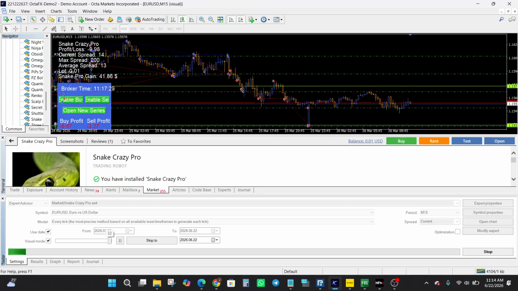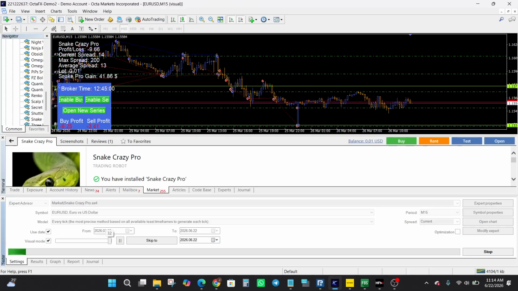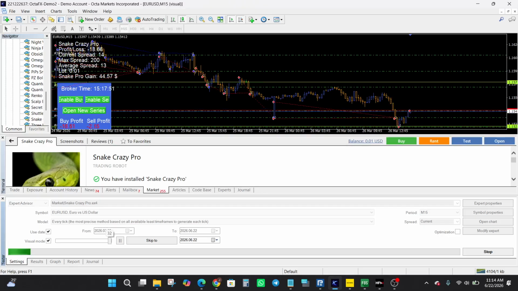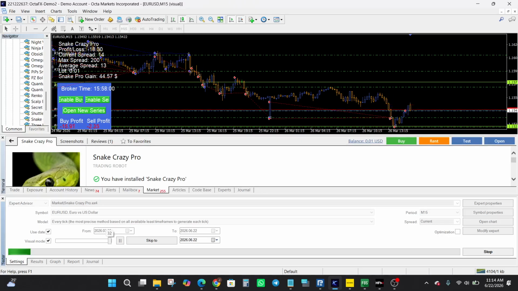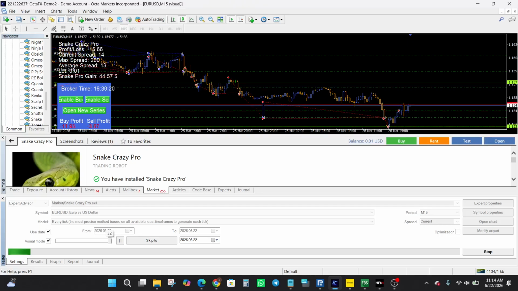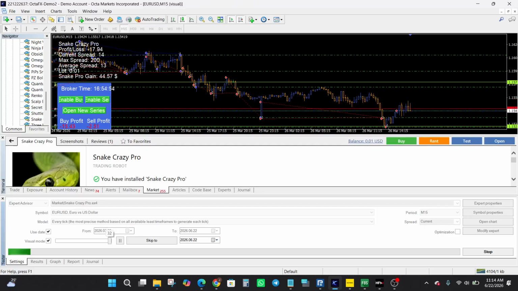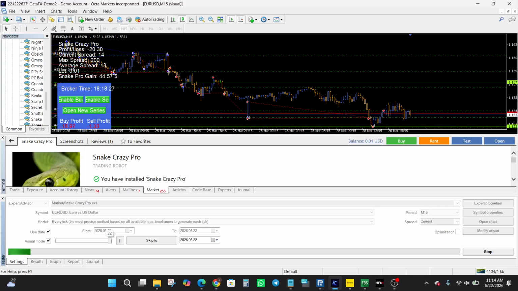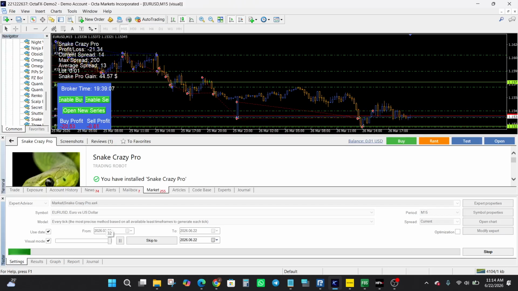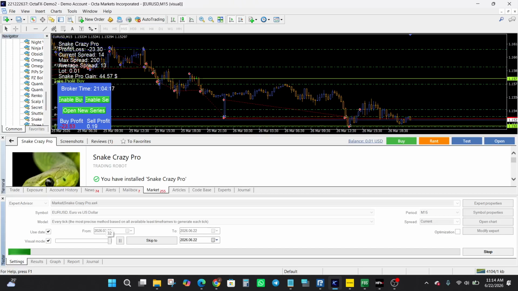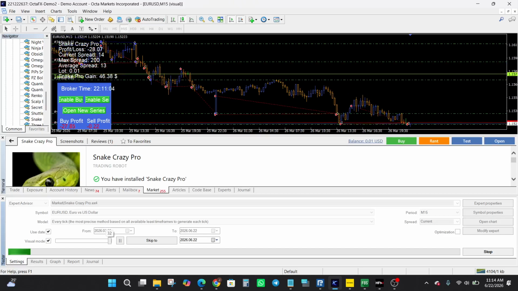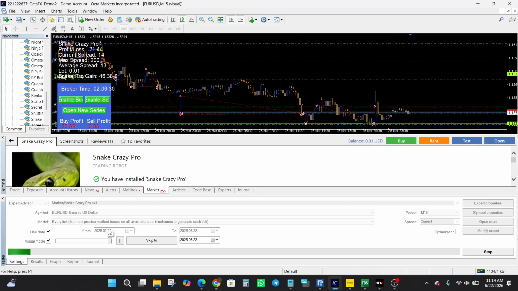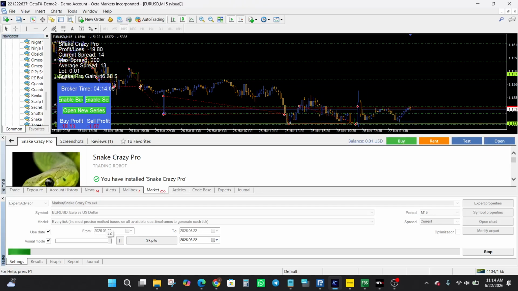Actual trading outcomes can vary significantly depending on risk settings, lot size configuration, broker execution quality, spread conditions, slippage, market conditions, and user optimization choices. Overall, the Snake Crazy Pro EA for MT4 offers a highly configurable ADX-based automated trading system with multiple strategy options, extensive risk controls, and support for several major currency pairs on the M15 timeframe.